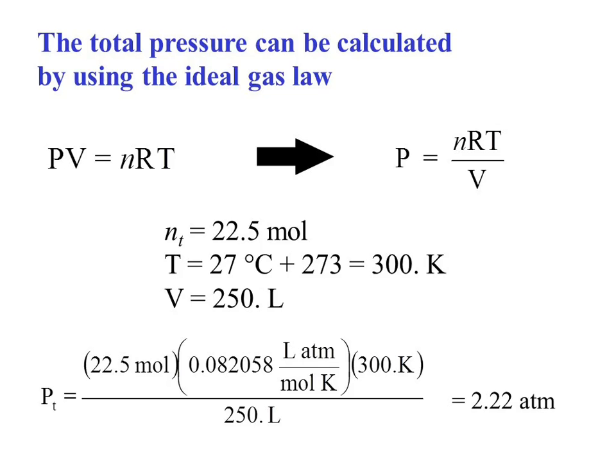The total pressure will be the total number of moles, that 22.5 moles, times the ideal gas law constant, 0.082058 liters atmospheres per mole Kelvin, times the temperature, which in Kelvin is 300 Kelvin with 3 sig figs, divided by the volume of the container, which is 250 liters with 3 sig figs. So that's the answer to the first question. What is the total pressure? That's it.